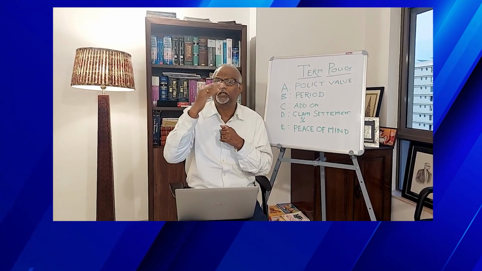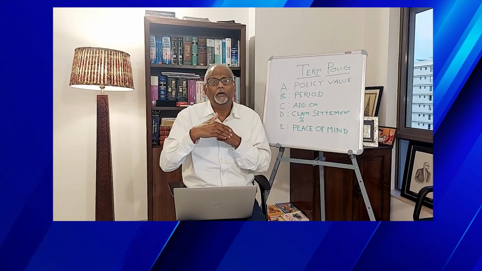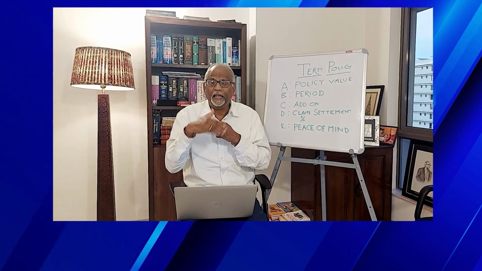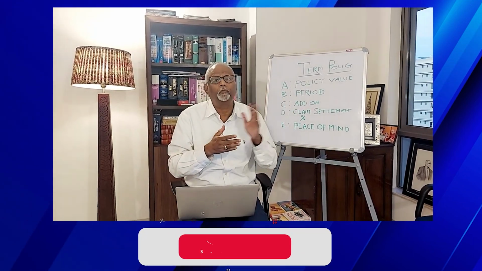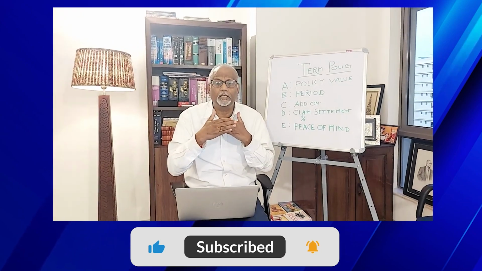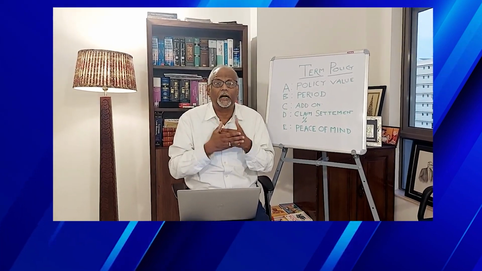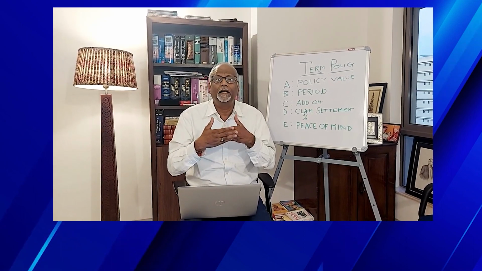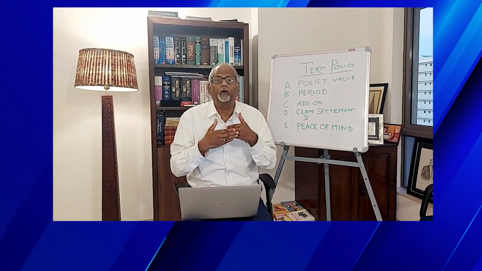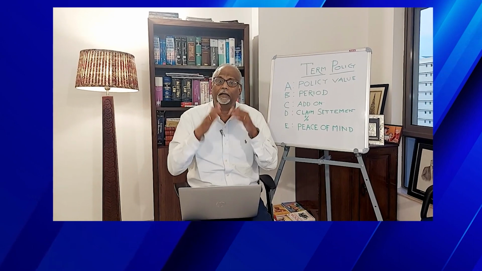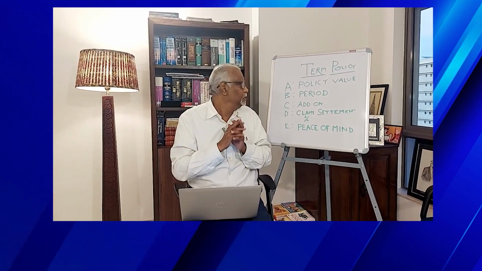Like that, this sort of coverage you can take additionally in the same term policy. But it depends on the discussions with the insurance company, with the underwriters, to what extent they are ready to provide you these add-on benefits. But these are all available.